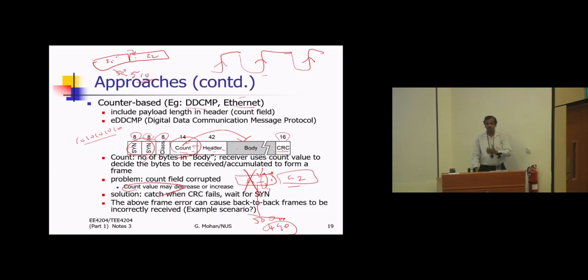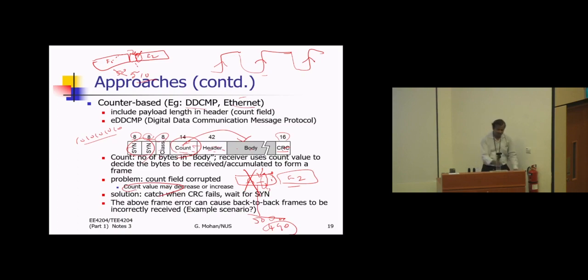It jumped into the next frame, but it does not know that it has received a few bytes from the next frame. It still thinks they are part of the current frame. Then the next 2 bytes will be considered as CRC, 16 bits means 2 bytes. So, when it does the CRC test, it will say something is wrong, there is an error.